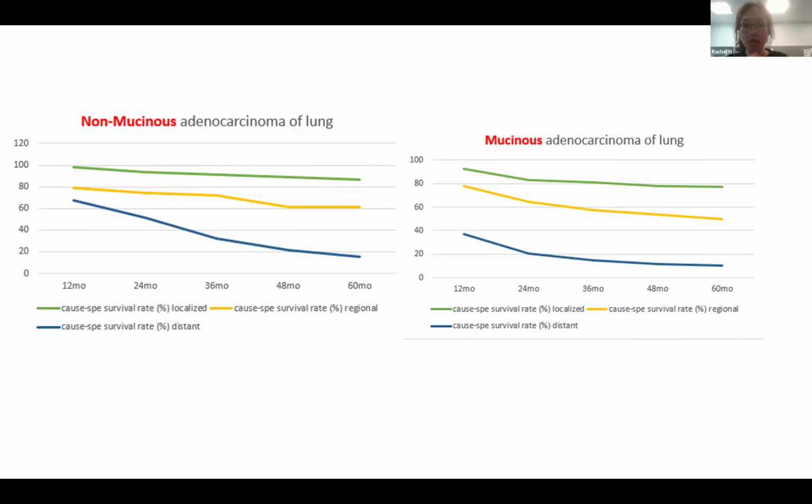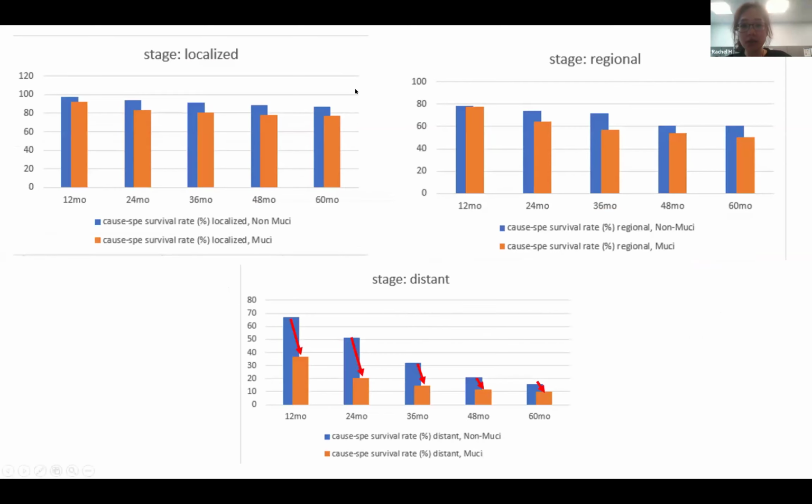Oh, makes sense. Actually, I also made the bar graph on the next page. As you mentioned about the localized stage, the survival rate at 12 months, the blue one is non-mucinous, and the orange color is mucinous type.